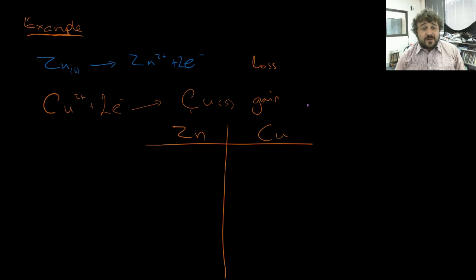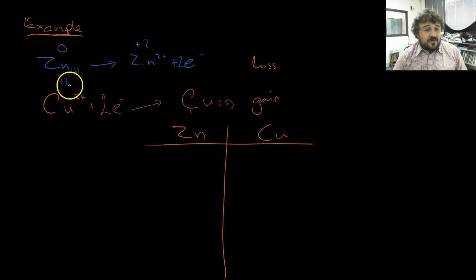Now, let's have a quick look here. This is the equation we've looked at a few times now for our displacement of metals. The zinc is being oxidized because it's losing, and the copper is being reduced because it's gaining electrons. We'll write up the oxidation states as we go. This is 0 because it's a free element, and it goes to +2 because it's the same as the charge.